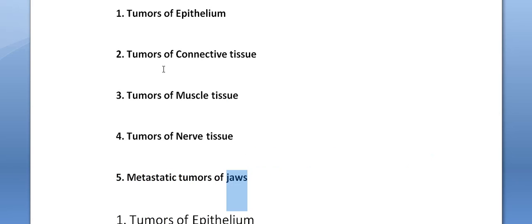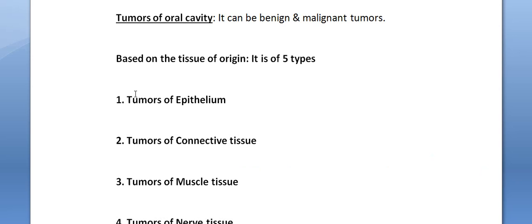Moving on to the most common tumor. The most common tumor affecting the oral cavity is tumor of the epithelium. Sir, why is tumor of the epithelium most common? Because we are eating not only food, but various people have various habits of eating pan, gutka, smoking. All these irritants, more than 5,000 chemicals in this substance abuse, will irritate which part?